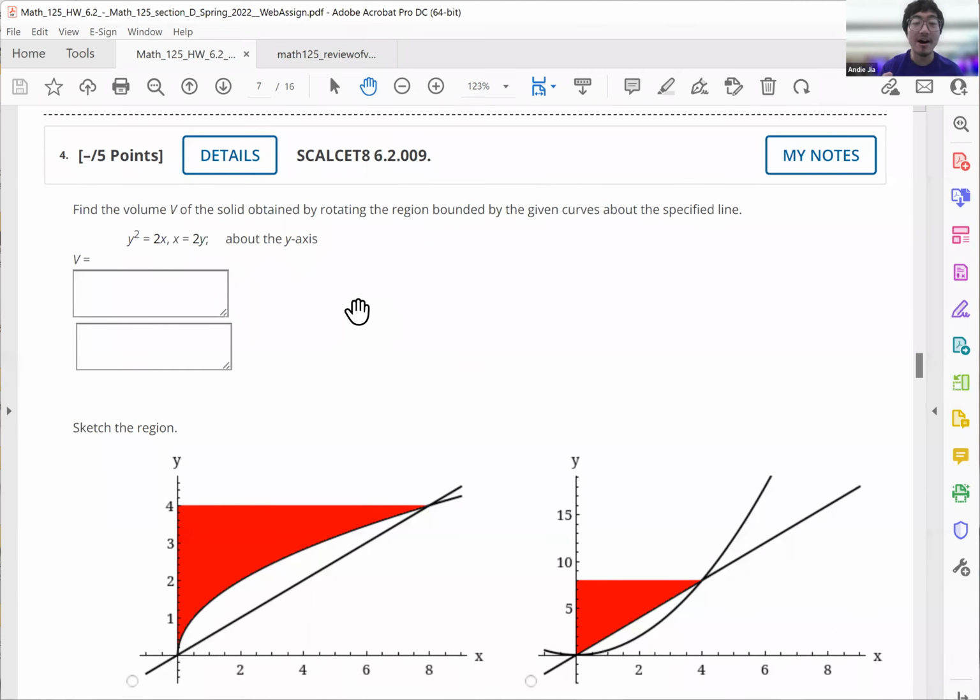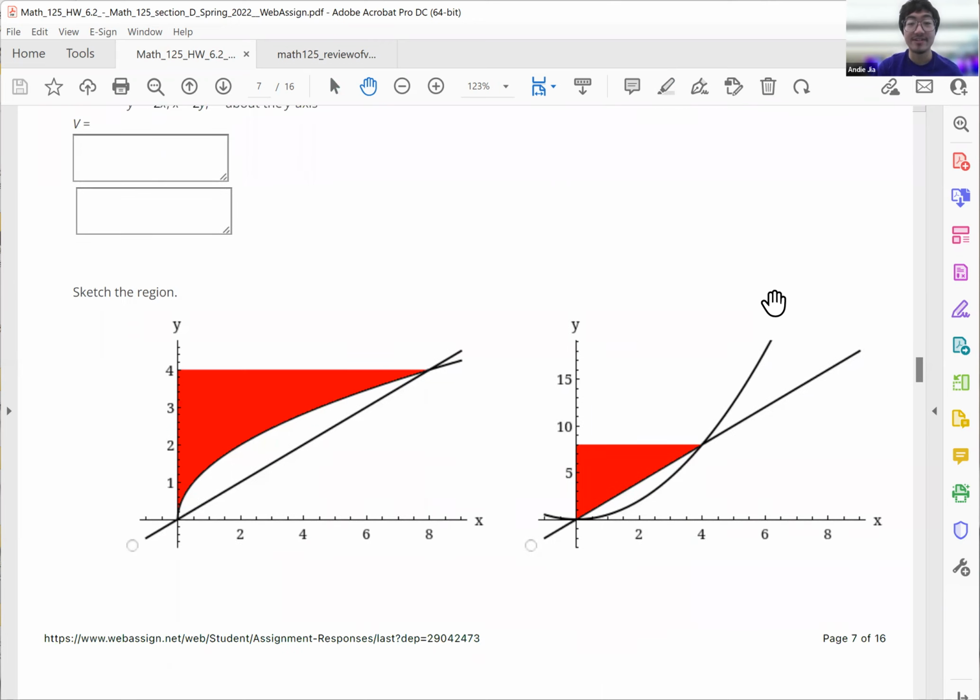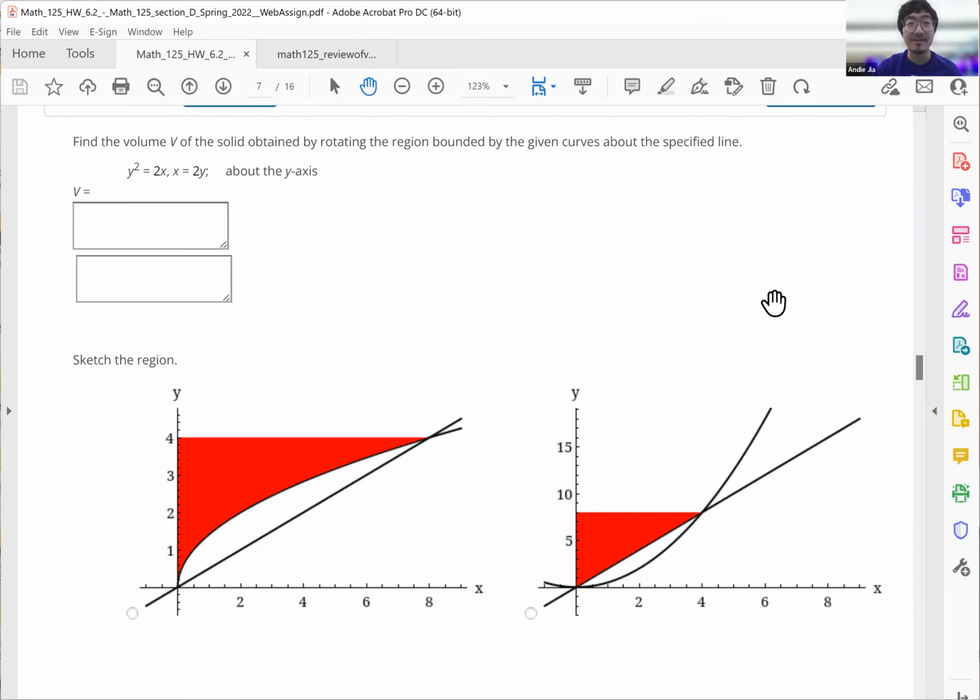Use dy to integrate because it's easier in terms of y. So we just need to find x equal to 1 over 2y squared and x equal to 2y, find the intersection, and then determine which one is above the other.